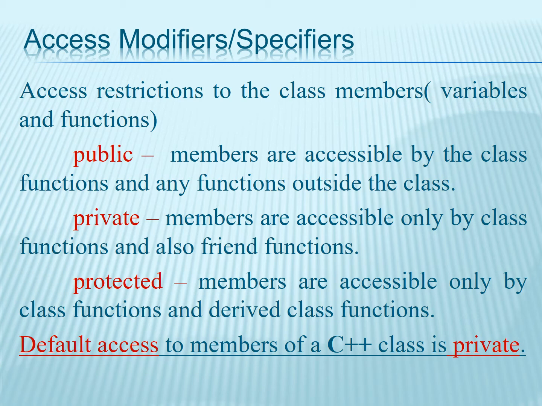If the member variable or member function has the access modifier protected, then it is accessible only within the class and the derived class of the class in which the protected variables and functions are defined. The default access modifier of a C++ class member is private.